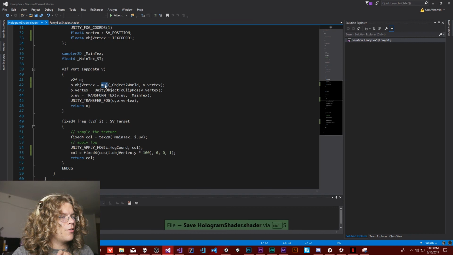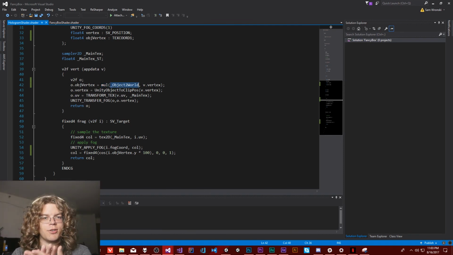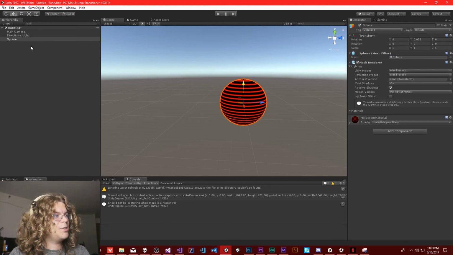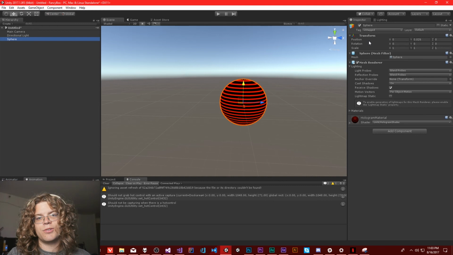So the multiplication is going to take our current object space vertex, which is just the model, and then multiply that by the world space projection matrix. This is a matrix that actually represents the world space. It represents the actual object in space. Since all of these objects are at the root level, at the scene level, this transformation can be viewed as that transformation matrix.